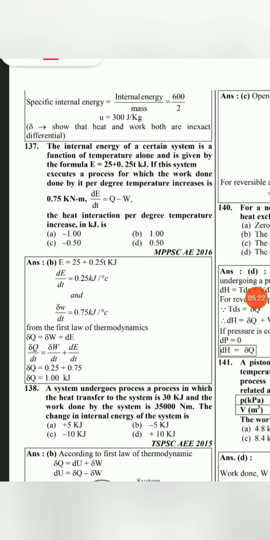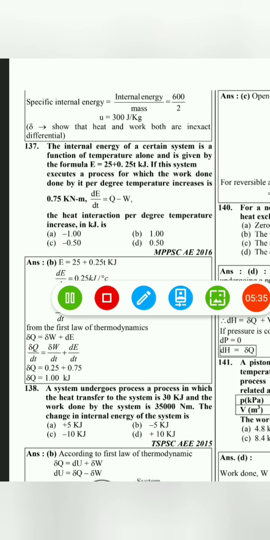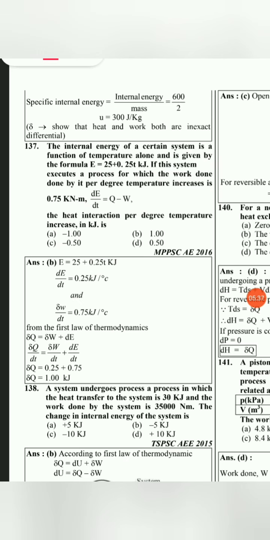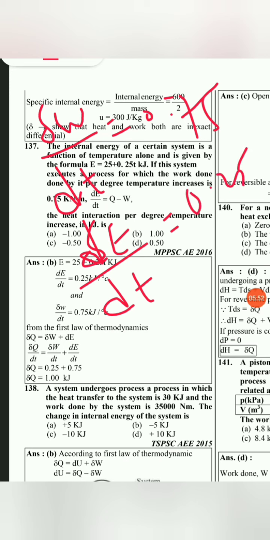Again E is given, so differentiate this equation with respect to T, we will get dE by dT, that is 0.25. Then dW by dT is also given, it is 0.75. Similarly dE by dT is 0.25. So we have to find out Q only.